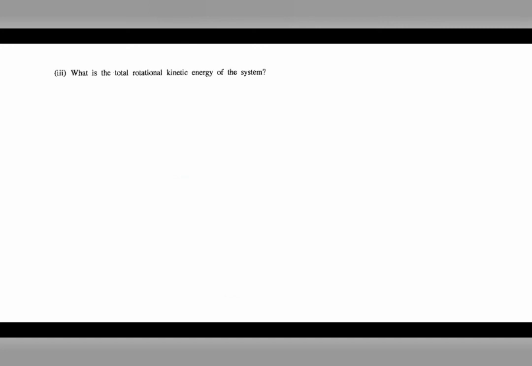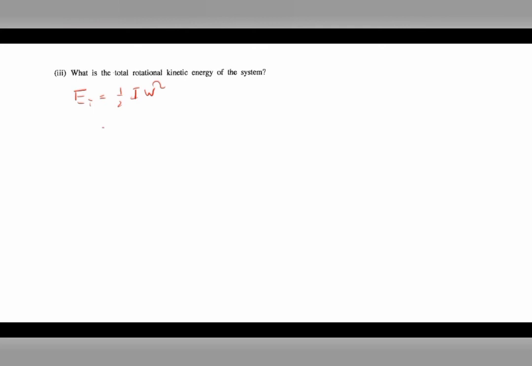And the very next one, what is the total rotational kinetic energy of the system? Now the potential energy is converted to kinetic energy from the law of conservation of mechanical energy. So the total kinetic energy of the system is going to be half I omega square, the rotational thing.